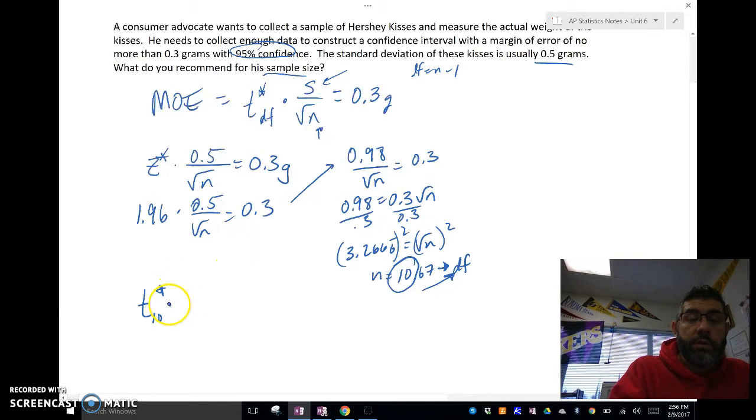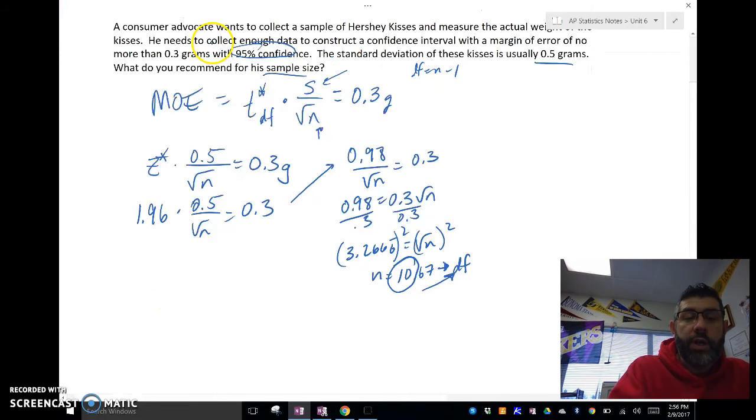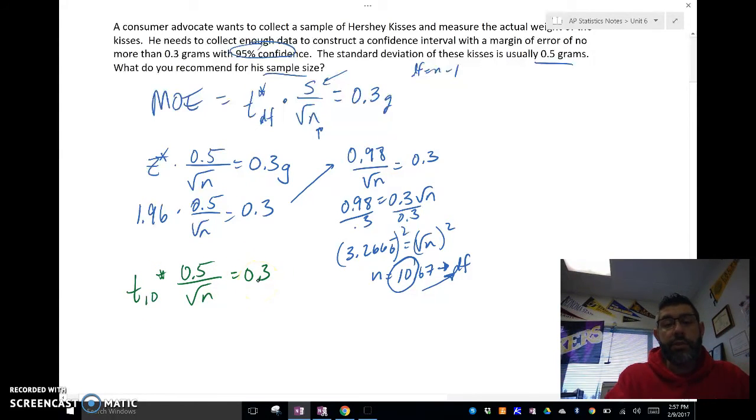Times 0.5. And I'll do this in another color so you know that I'm doing it over again. So t star with degrees of freedom times 0.5 over root n. The degrees of freedom we found to be 10. Now we're going to solve this again.